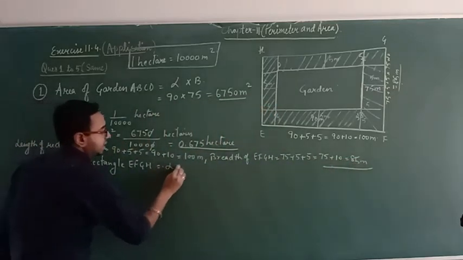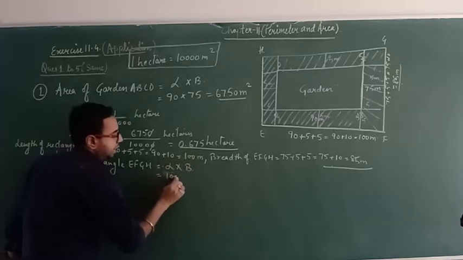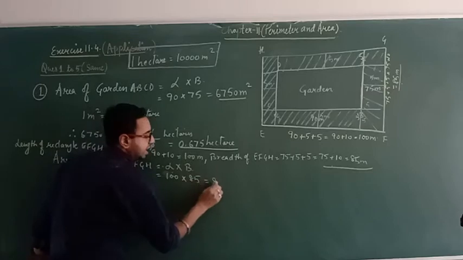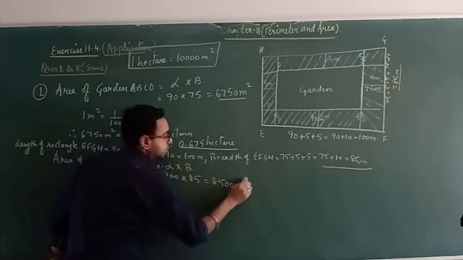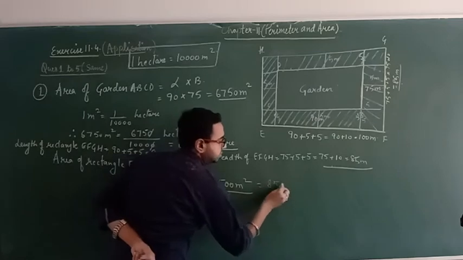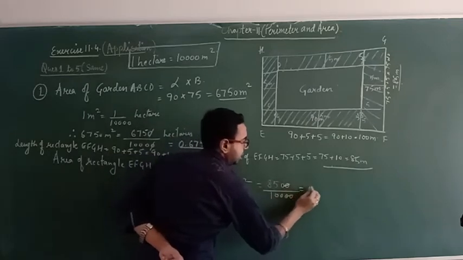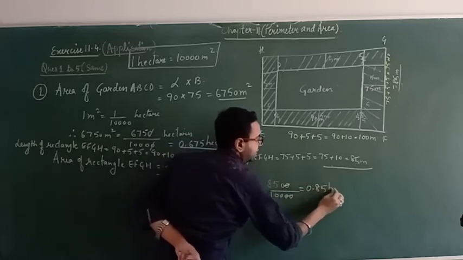Again, area, length into breadth, that is 100 into 85, will be getting 8500 meters square. In hectares, divided by 10,000, will be getting 0.85 hectares.